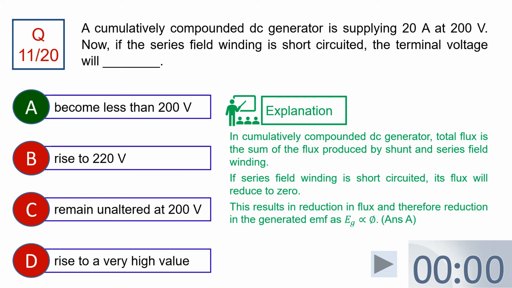In DC generator, the generated EMF Eg is proportional to phi, and therefore if series field winding is short circuited, phi will reduce, and therefore Eg will also reduce, and therefore in that case the voltage will become less than 200 volt, and therefore option A is the correct answer.